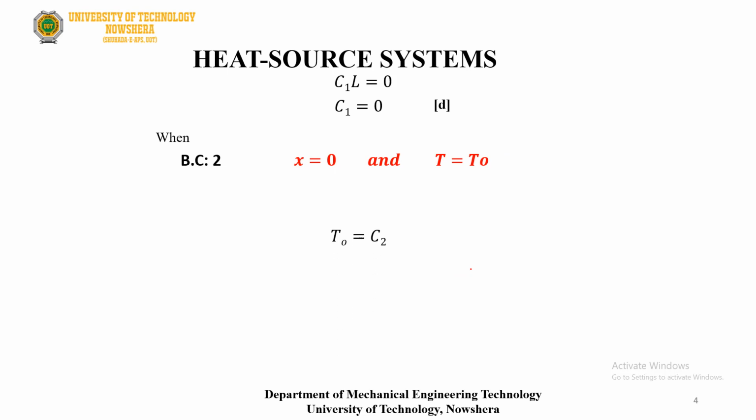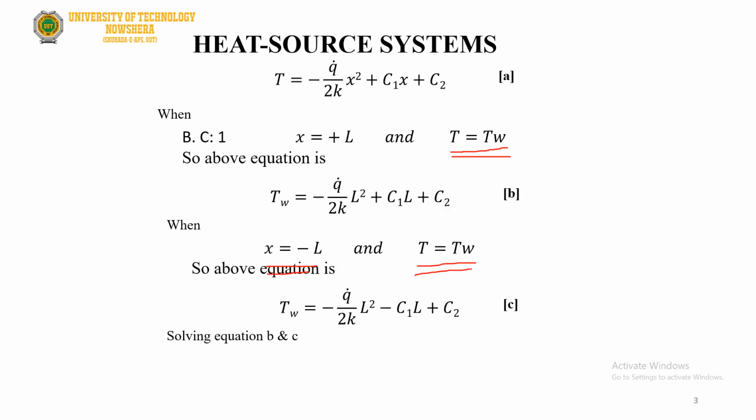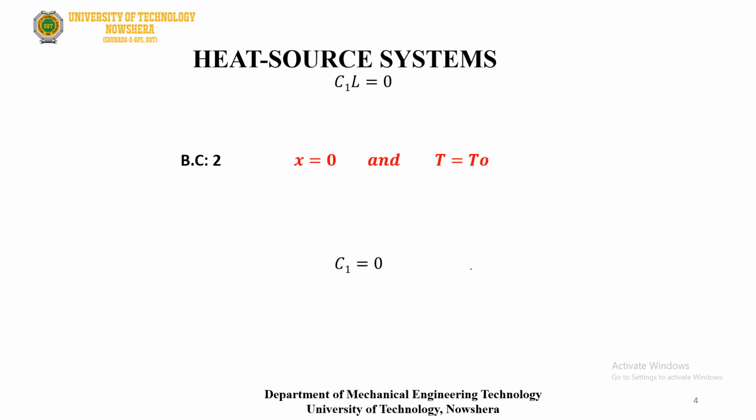And now putting boundary condition number 2 in the general solution. Remember, the general solution is our equation small a. Boundary condition number 2 is at x equal to 0, temperature is maximum temperature, and we get arbitrary constant C2 equal to T naught.